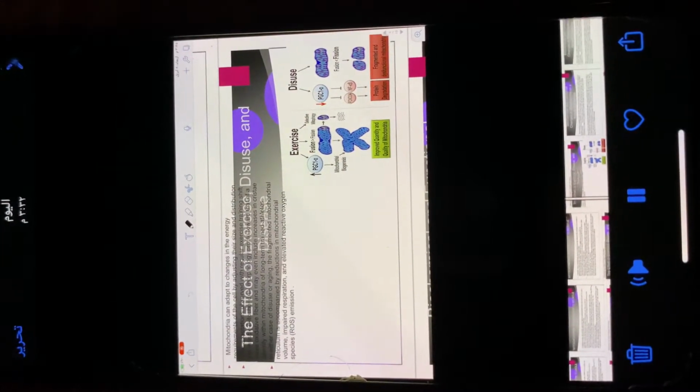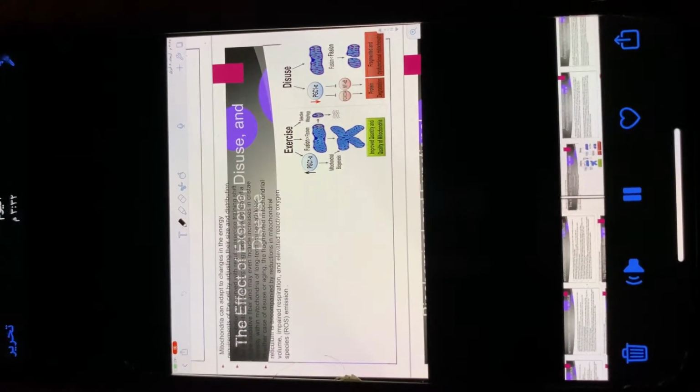In the case of disuse and or aging, the fragmented mitochondrial reticulum is accompanied by reduction in mitochondrial volume, impaired respiration, and elevated reactive oxygen species ROS emission.